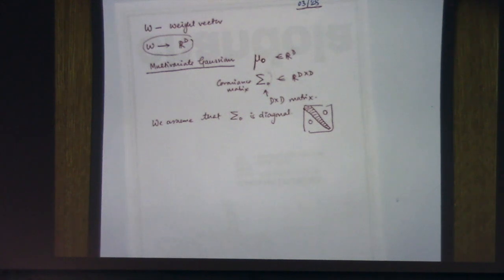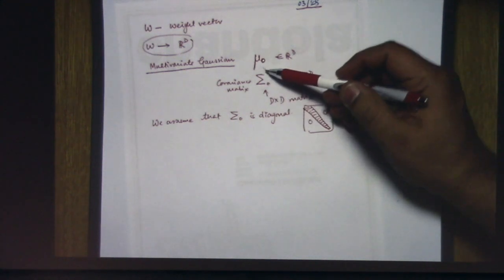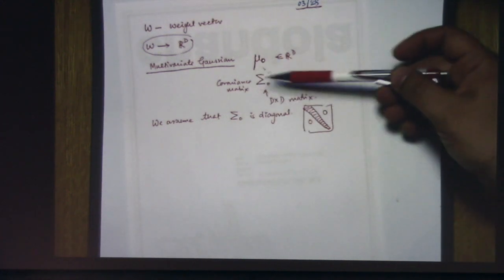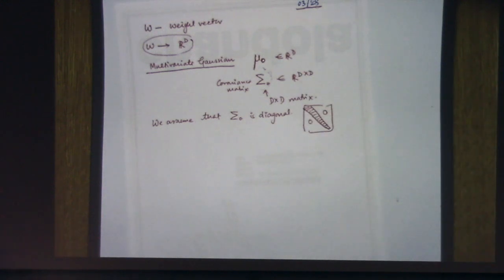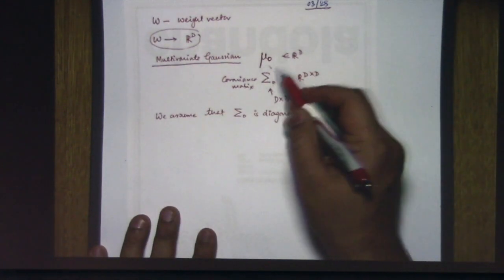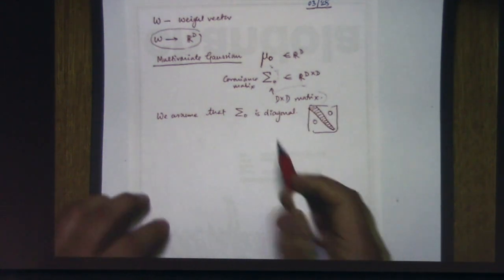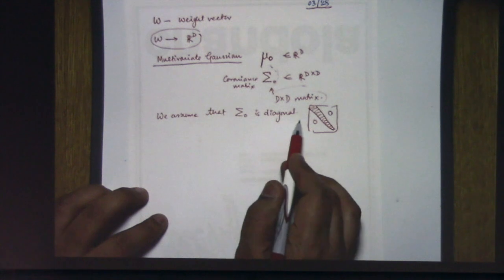If you don't put any simplification constraints on this, then you have to specify too many numbers, and that typically becomes hard. In general, in machine learning or any data mining activity, you want to reduce the number of things that you specify, because these are the things that you have to almost pull out of your hat. If you have so many of them, there's a chance that you can get them wrong. So we assume this is diagonal to keep it simple.